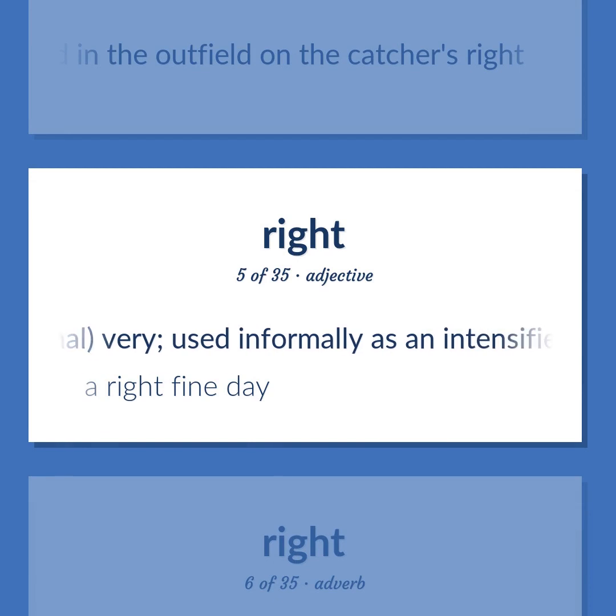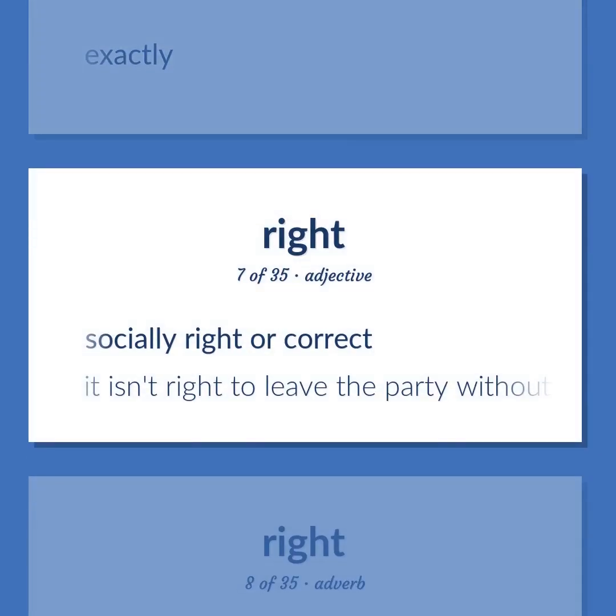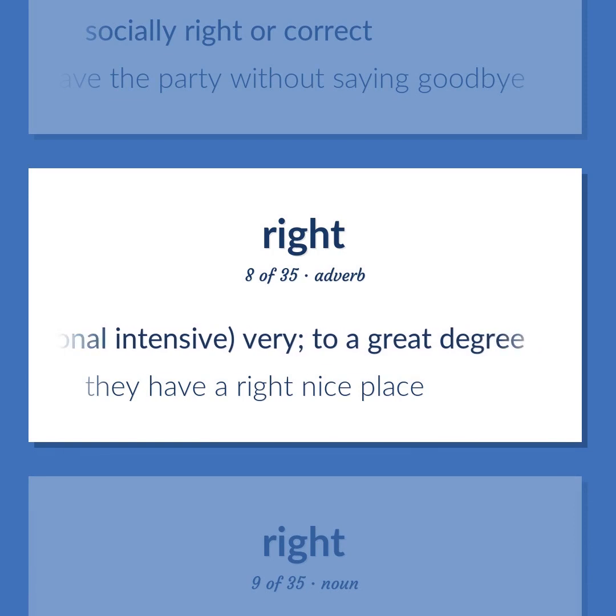Used informally as an intensifier. A right fine day. Exactly. Socially right or correct. It isn't right to leave the party without saying goodbye. Southern regional intensive, very, to a great degree. They have a right nice place.